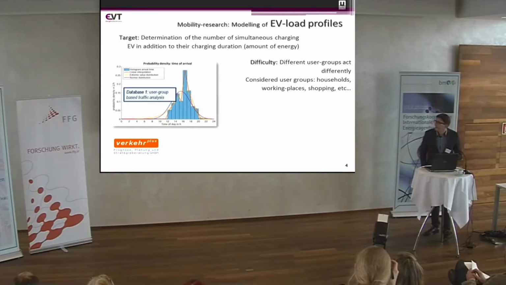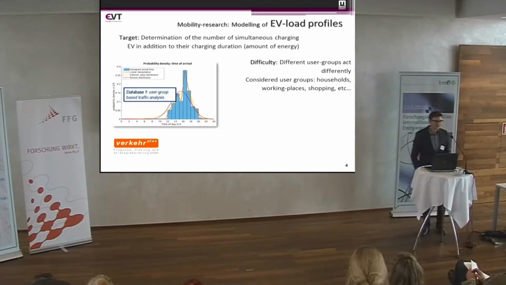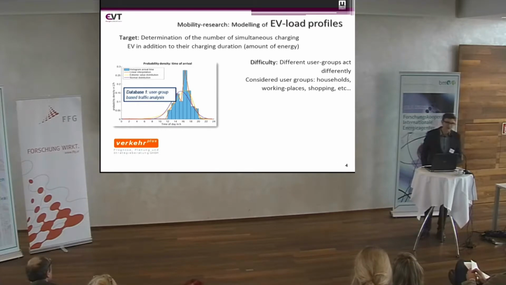The first data that we generated was user group based data from traffic analysis. So the guys from mobility planning, they were really going out counting cars for the various user groups.